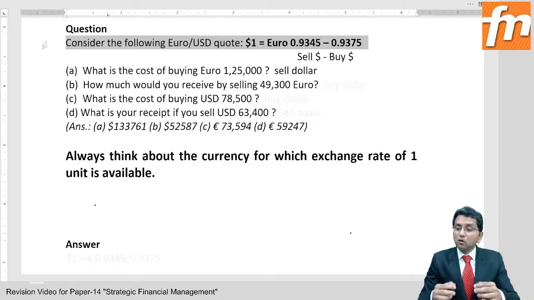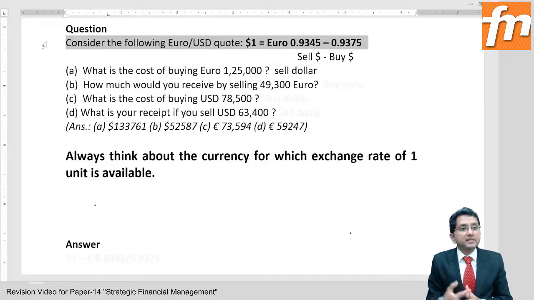Why should I think about buying or selling dollar? Because exchange rate is given for $1. And if you think about buying or selling dollar, it will be easy for you to interpret and use this exchange rate quotation. So let's think about buying and selling dollar.